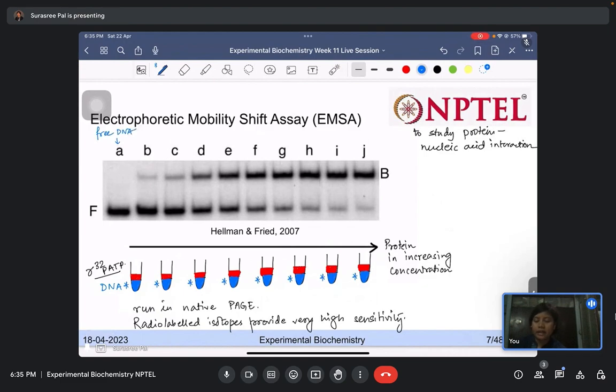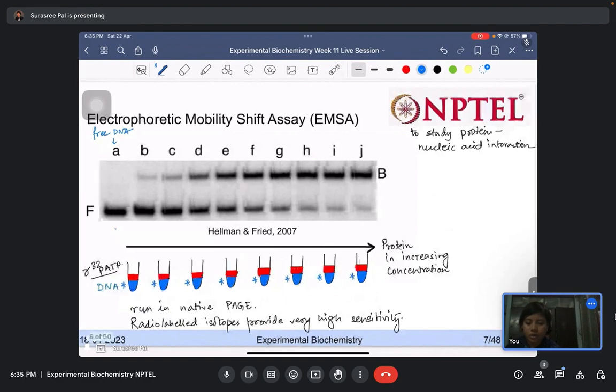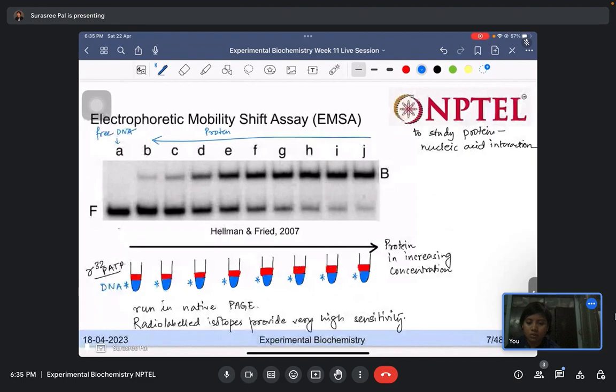So this is the free DNA, that means there was no protein added here. And in this particular direction, the protein concentration is increasing.